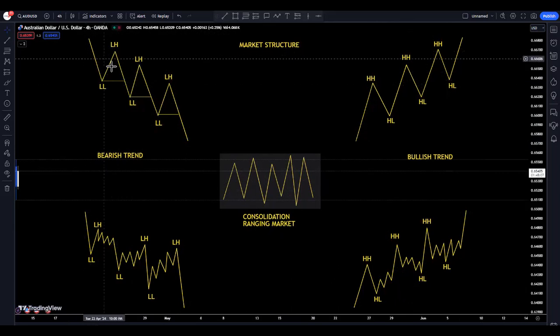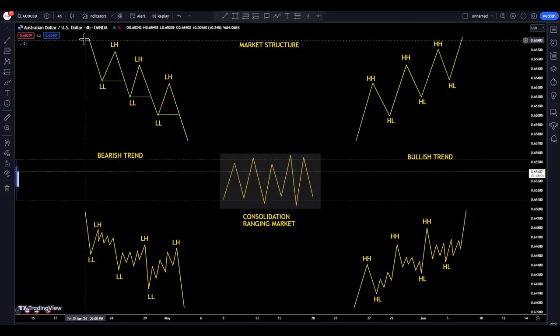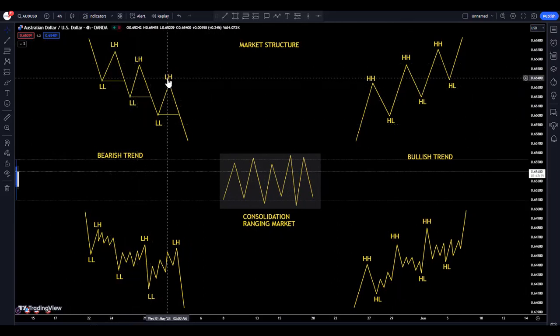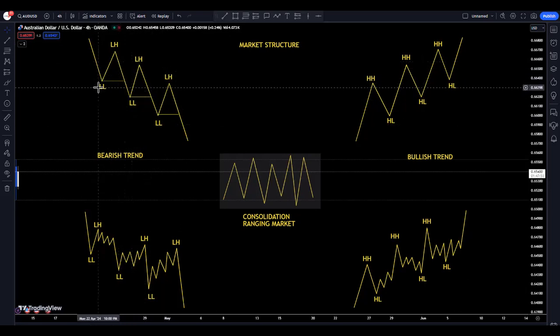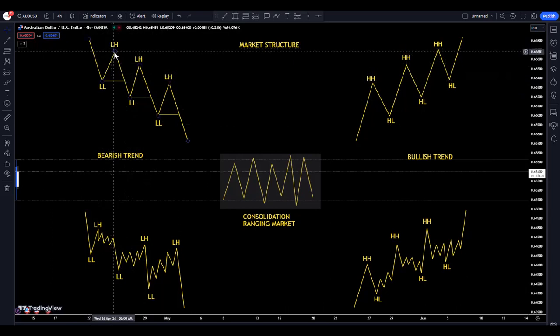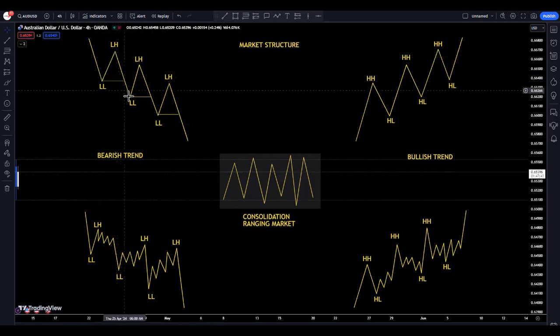So whenever the market is going down, it doesn't move straight down in a straight line. It has to create a series of what they call lower low, lower high, lower low, lower high. The market has to go low for it to come up and create a lower high, where the buyers are trying to buy, but the sellers are staying powerful with a powerful momentum and bring the market down.